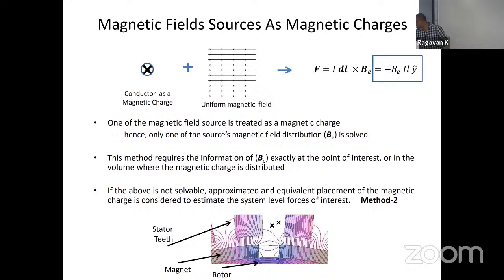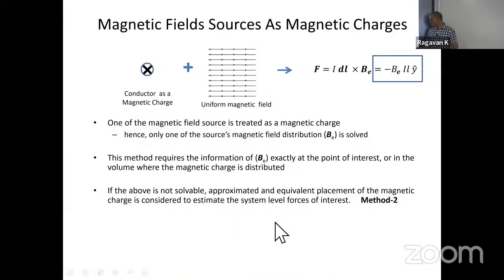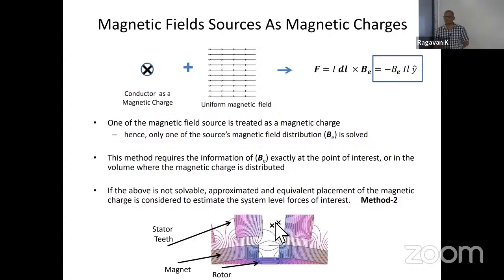It takes the shortest path to the teeth and circulates. So there is no magnetic field in the slots. Is that statement okay? If you embed the conductors into the slots, and if they are slightly away from the air gap, there is no field at the conductors. So in that case, it is okay if you bring this in.